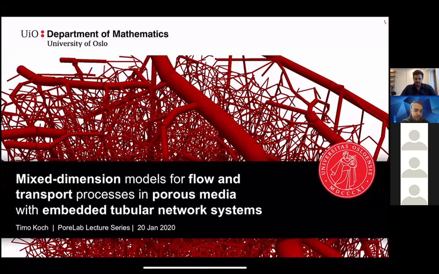He is one of the main developers of the open source porous media simulator DUMUX. Today he is going to talk about mixed dimension models for flow and transport processes in porous media with embedded tubular network systems. Thank you, Timo, for accepting our invitation.